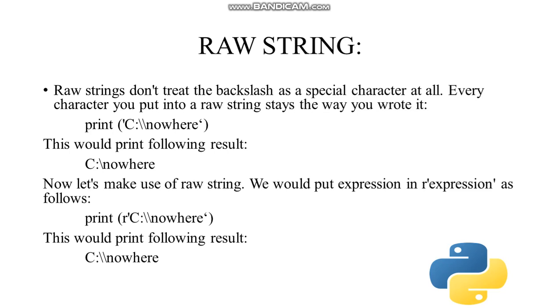I want to print this string as it is, but you will see that your compiler will consider the backslash as a special character and it will print C: and then a new line with owhere. So if you want to make your string a raw string, you have to put R before it. Okay, so I will write R before my string, so it will consider my string as a raw string and it will print the string following R as it is. So you'll see that my string got printed as it is.